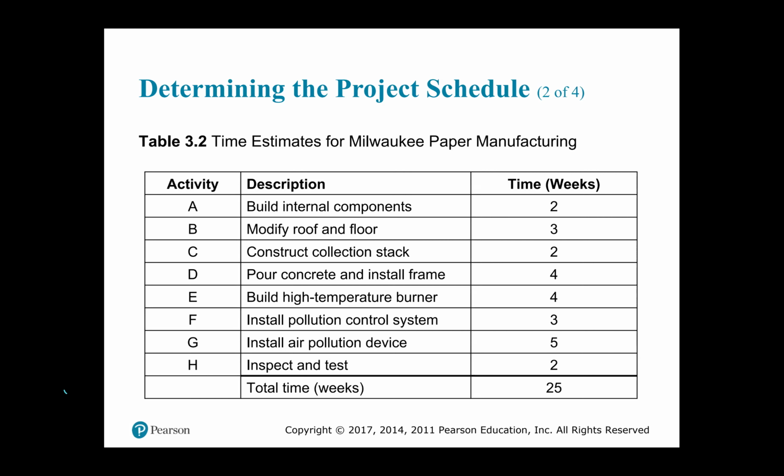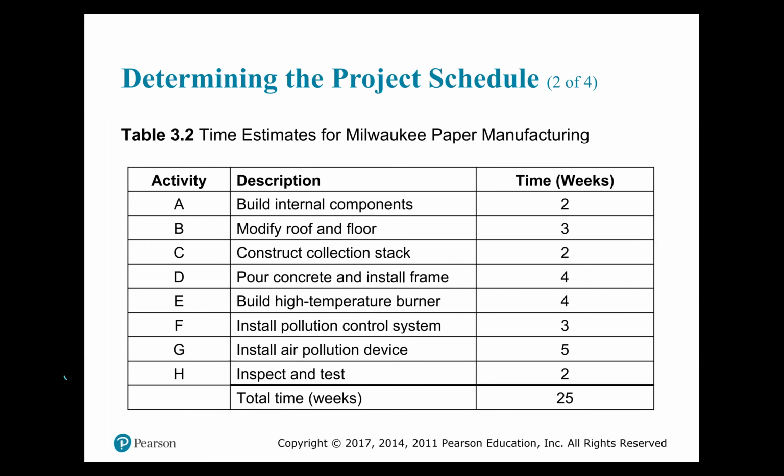Activity D, 4 weeks, and so on, up to activity H, which will take 2 weeks. So we're going to use those times now to do some additional work on the network.